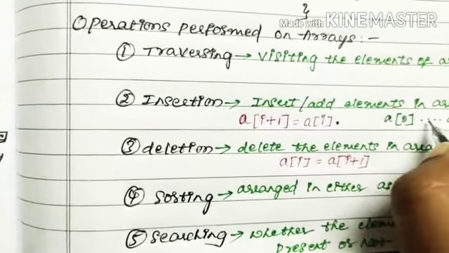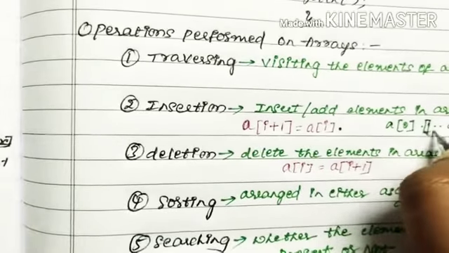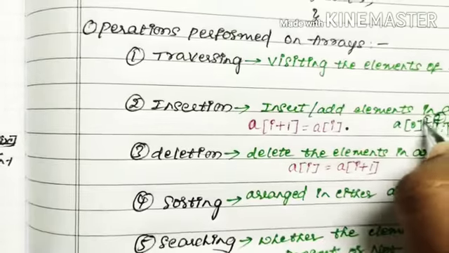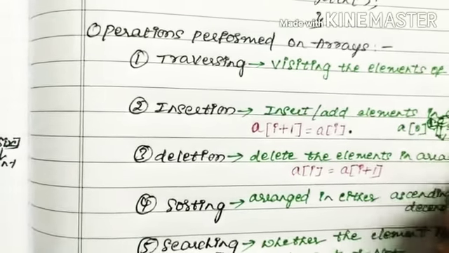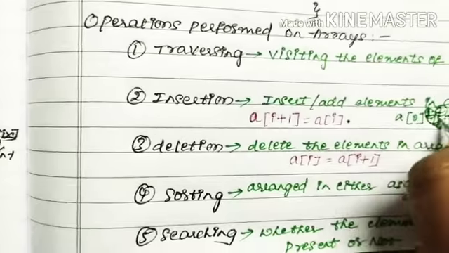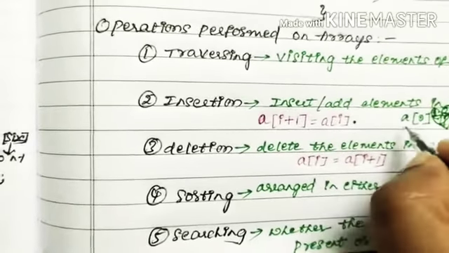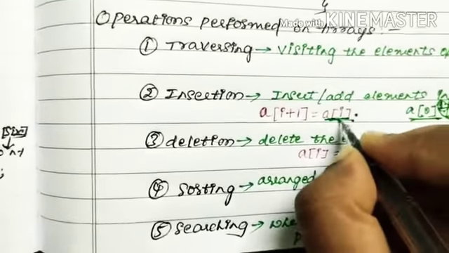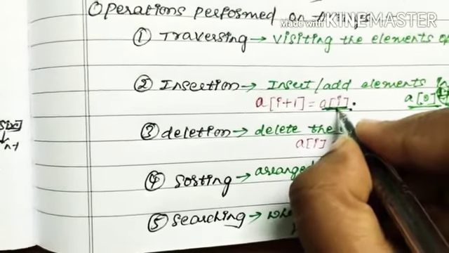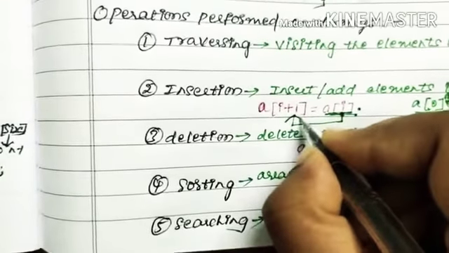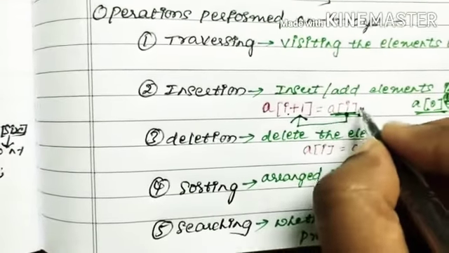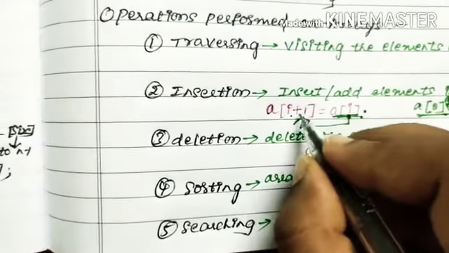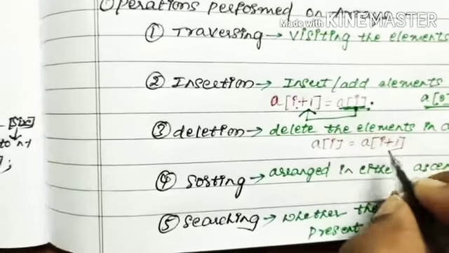For example, I am adding one element here in the position of 2, then before the 2 we are going to add another element, so we are increasing the chain of the array. In the a of i position, before the position of that one is a of 1, now it is changed to a of 2, because of insertion the chain is increased, that's why a of i is assigned to a of i plus 1.